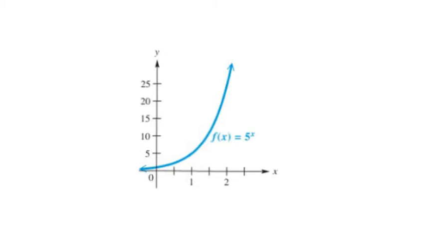You notice here when x is 0, y is 1. When x is 1, y is 5. And x is 2, y is 25. So it shows at least 3 of the points we came up with. And those points, as you see, they do allow us to graph it fairly easily.